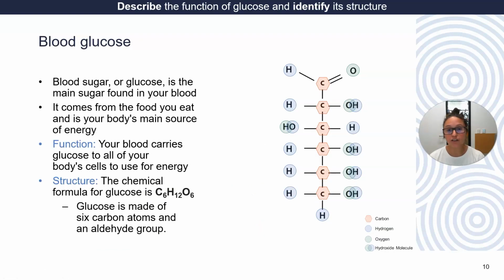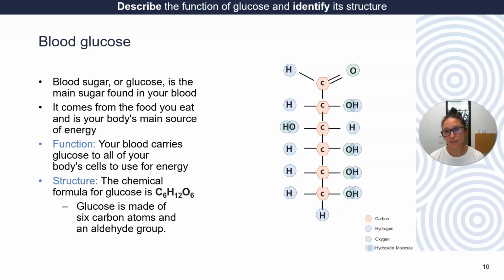Okay, so let's have a look at glucose. Glucose is a carbohydrate. So glucose is an example of a carbohydrate. And glucose is the main sugar that is found in your blood. Okay? So you get glucose from food and your body runs on glucose.